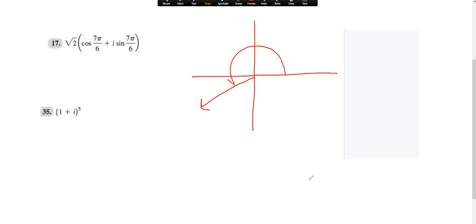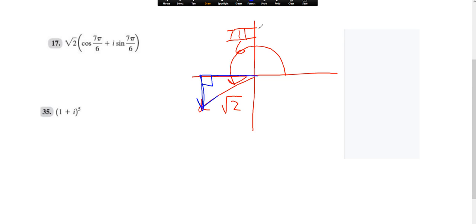Standard form, all right. So we know that we're talking about 7 pi over 6, which is down this direction, right? Drawn around to 7 pi over 6. And we know that the length of that is radical 2. If only we could find these two sides of the triangle.